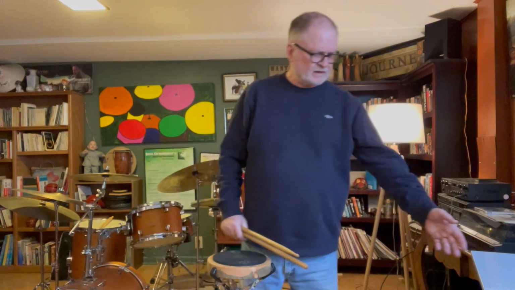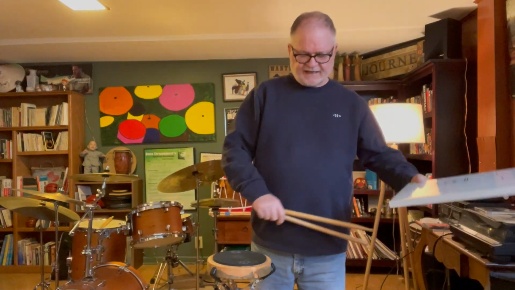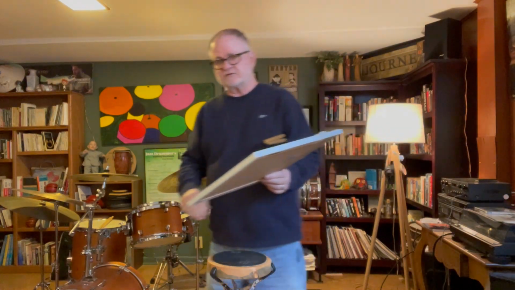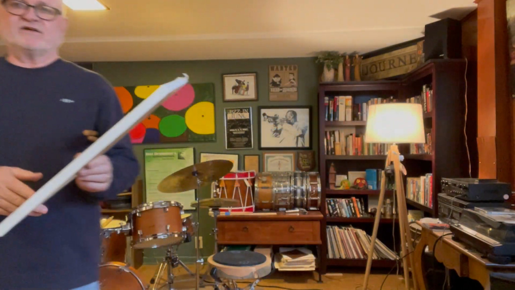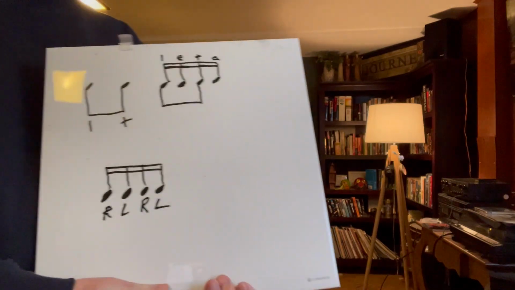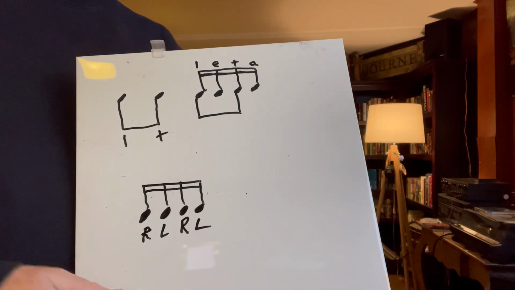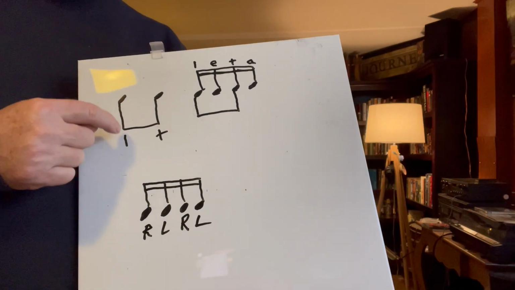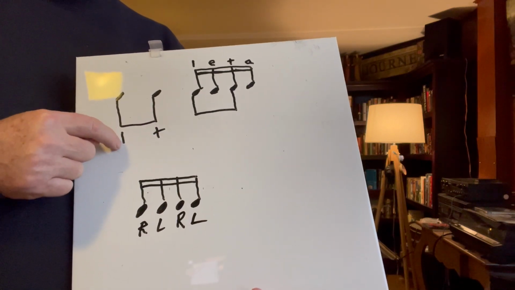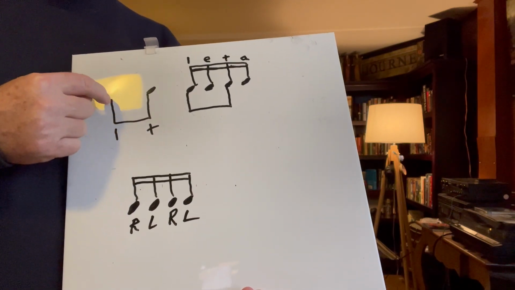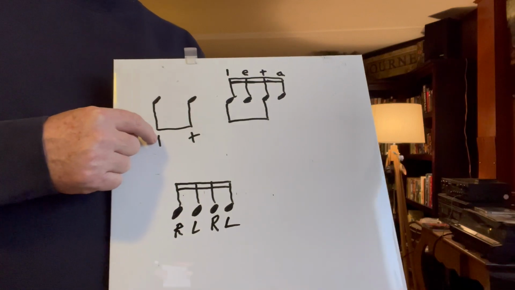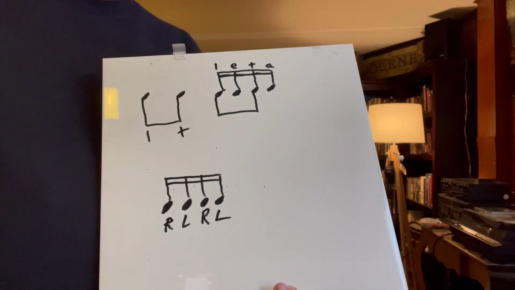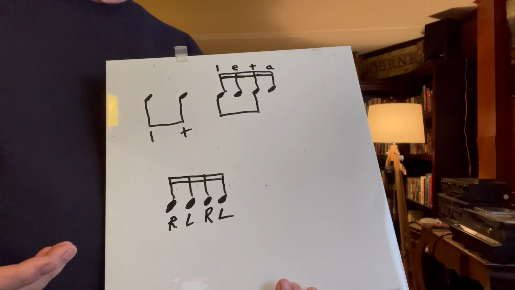Now, let me explain some things about how to count 16th notes and how they work. All right. So first of all, here we have 2 eighth notes, 1 and. And it doesn't really matter if the stems go down or up. It doesn't change the fact that these are eighth notes.